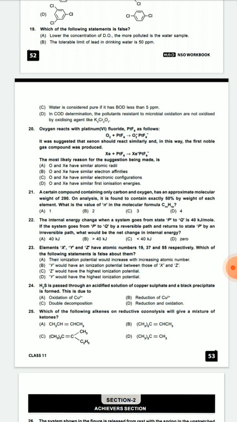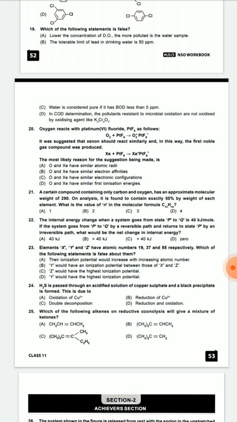Options A, B, C and D are given: equal to 40 kJ, more than 40 kJ, less than 40 kJ, or no energy change. So option D will be 0.